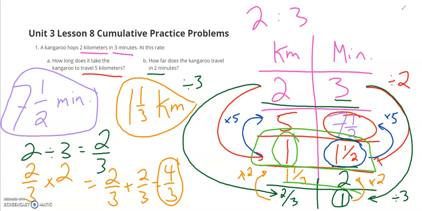And then we found this unit rate, which tells us that the kangaroo goes 2/3 kilometers per minute. 2 different unit rates, but they both have a 1. And we use that information to solve our problems. 7.5 minutes for 5 kilometers, and 1 1/3 kilometers in 2 minutes.